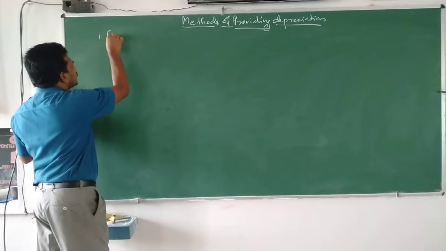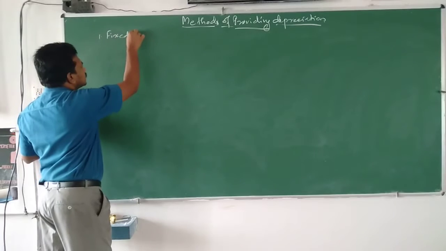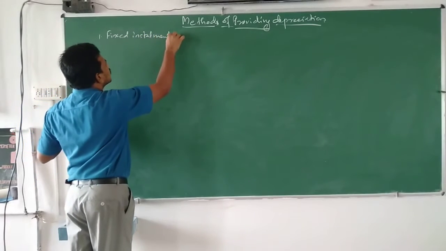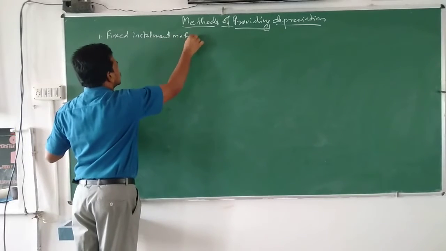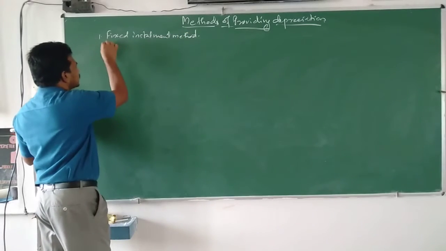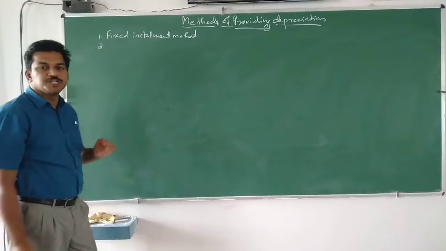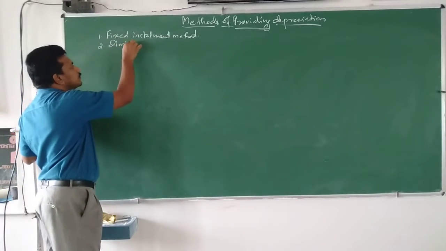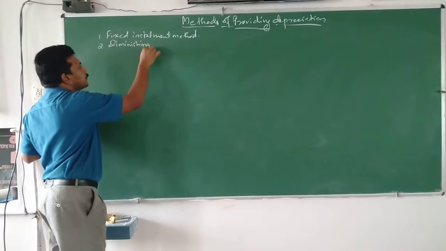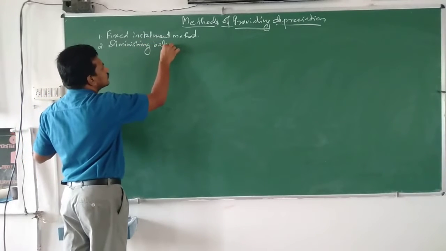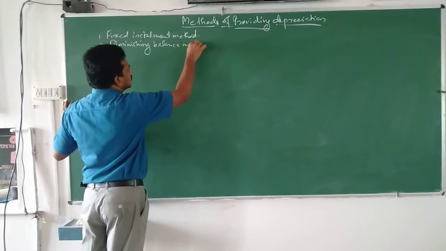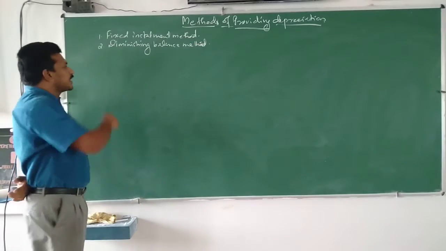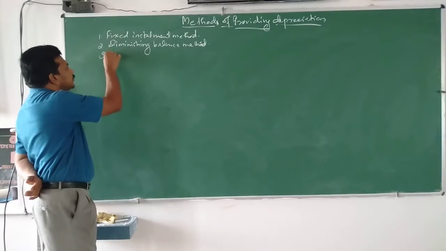Fixed Installment Method. Next one is Diminishing Balance Method. Another one is the annuity method.